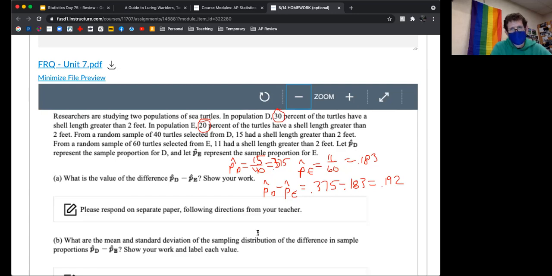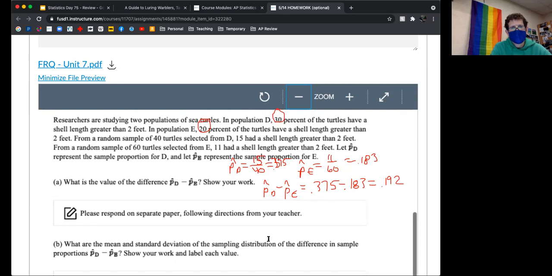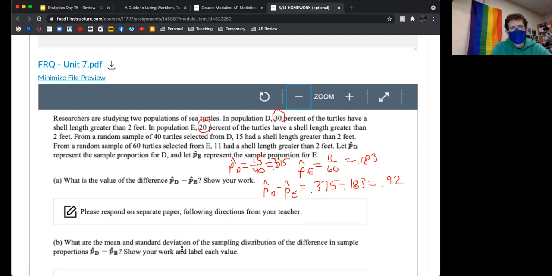When we don't have a population number to work with, then we use our sample proportions. But when we have a population number, we work with that.